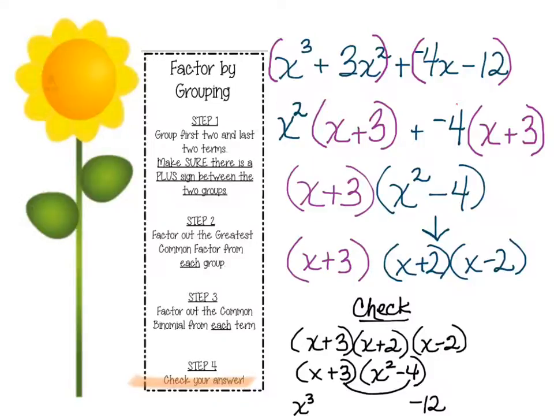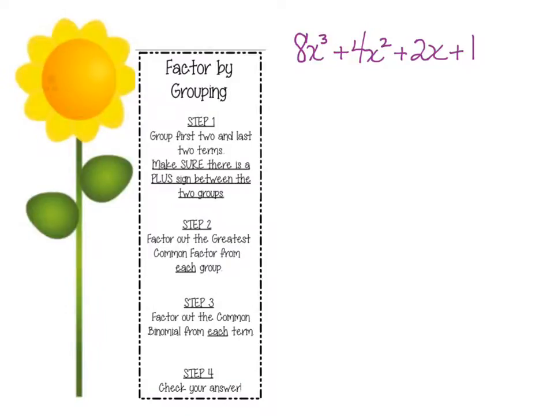You'll notice again up here you are checking the front door, the back door. And now to get these two middle terms, we call that the rainbow check. The innermost product is plus 3x squared and the outermost is minus 4x. And it checks.